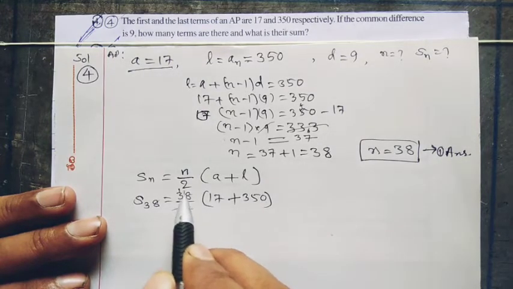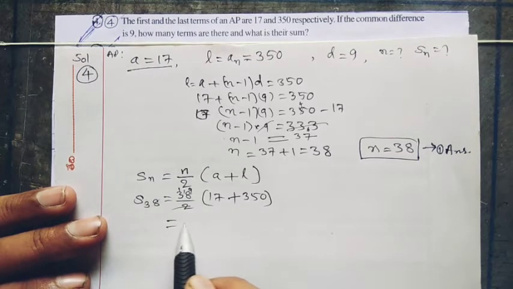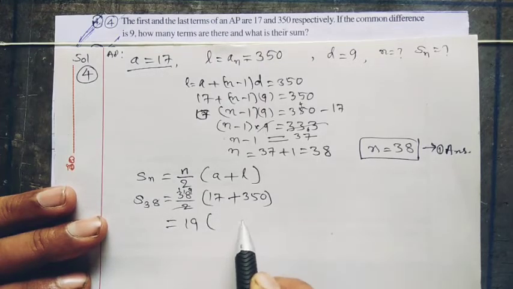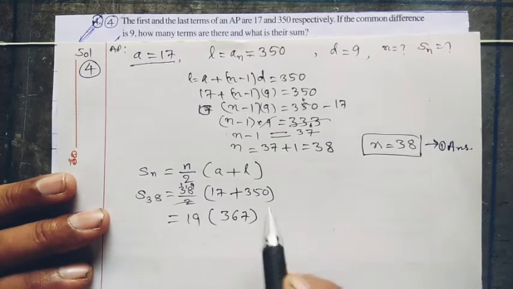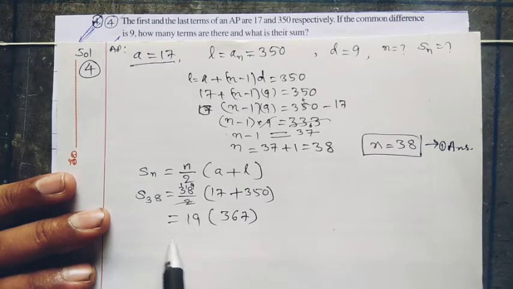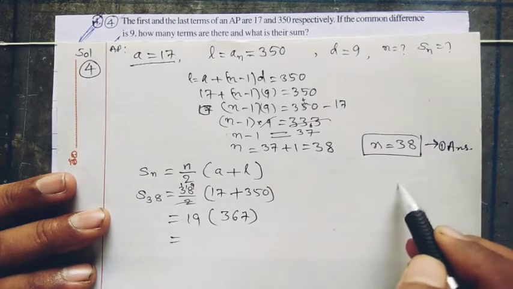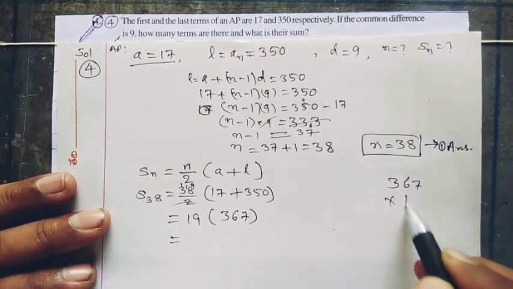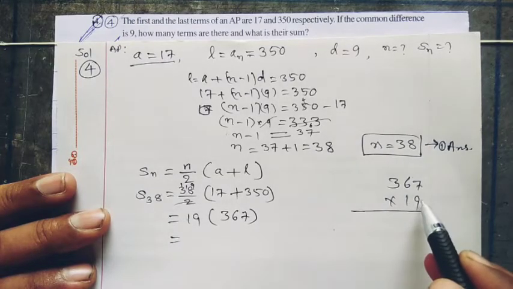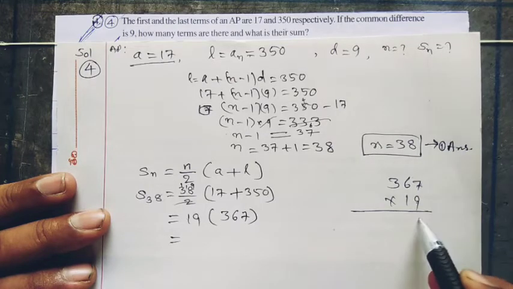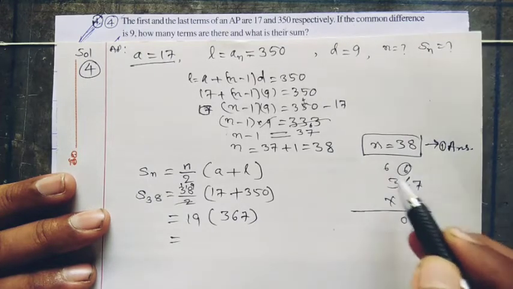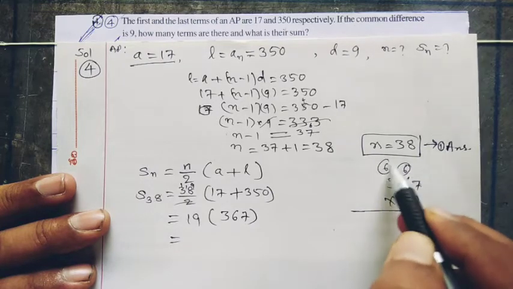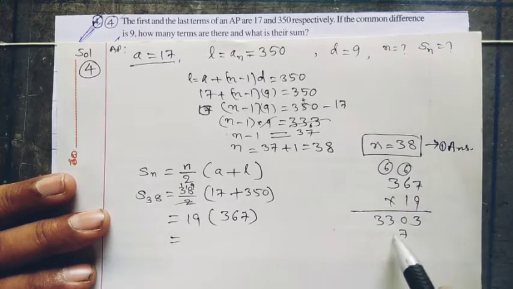2 1s are 2, 2 19s are 38. 19 into 367. We have to multiply here, 367 into 19. 9 sevens are 63, 9 sixes are 54, 60, 9 3s are 27, 33.